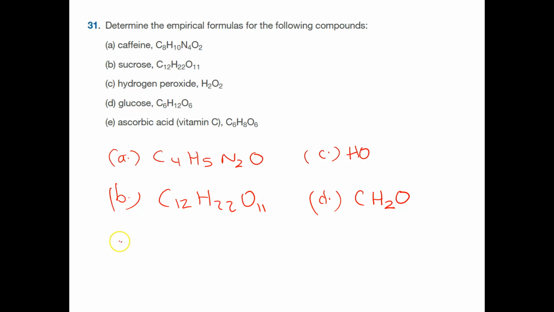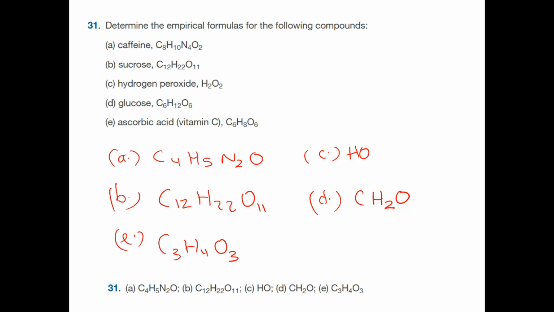And then ascorbic acid, also known as vitamin C, looks like the common factor here is going to be 2. So C3H4O3. Okay, so I can't see where we can divide through any more, so they all look pretty good. You can check those against the answer key, and everything looks as expected.